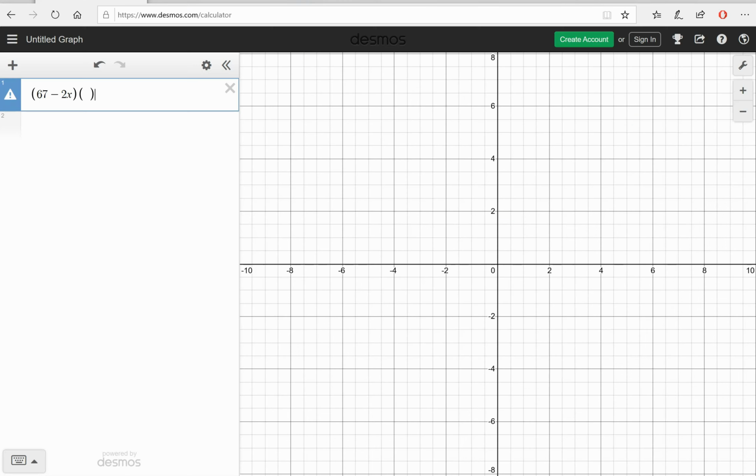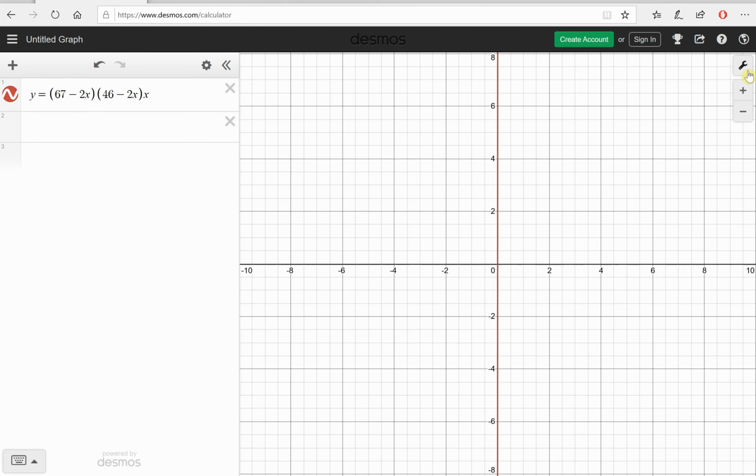I can't remember. 46 minus 2x, and then times x. Graph that. And I guess I should put y equals.